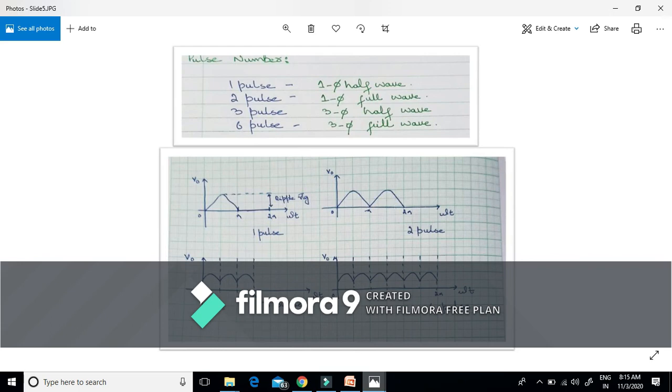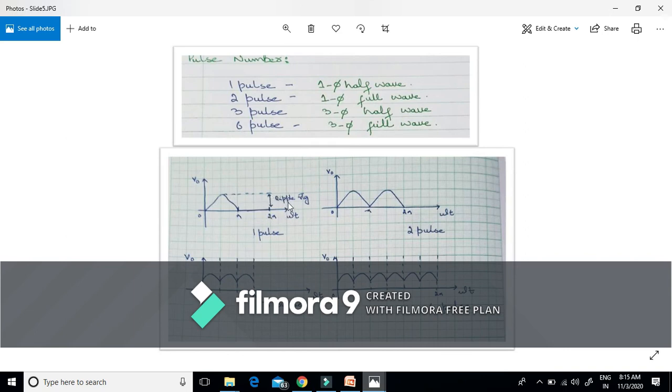In the three pulse converter, this waveform is obtained, meaning we obtain three pulses for a full cycle of AC input voltage, and this waveform is obtained in a three phase half wave rectifier. This six pulse waveform is obtained in case of three phase full wave rectifiers.